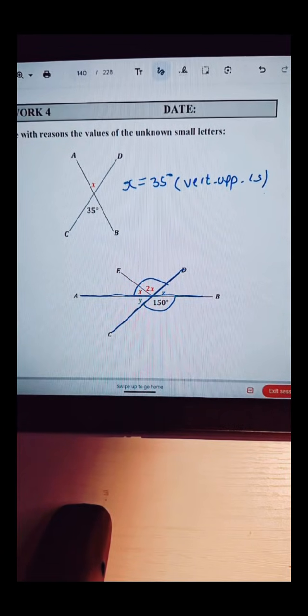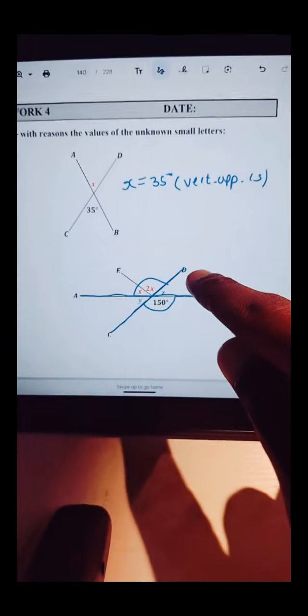There has to be something done before you say that, salvation. You know very well you should be saying something else before that. Okay, let me look. Sihle said y plus 150. Very good. That makes sense.